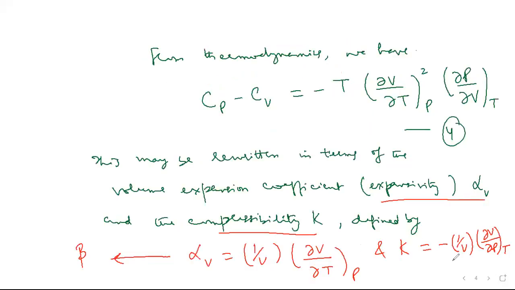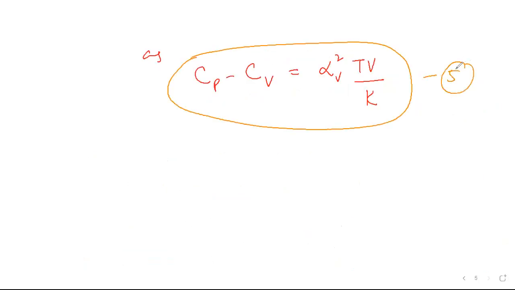It is my equation 5. Cp minus Cv is alpha square V T by K. So you can see from equation 5 that Cv may be calculated from Cp measurements if at the same time alpha V and K are known at a temperature of interest.